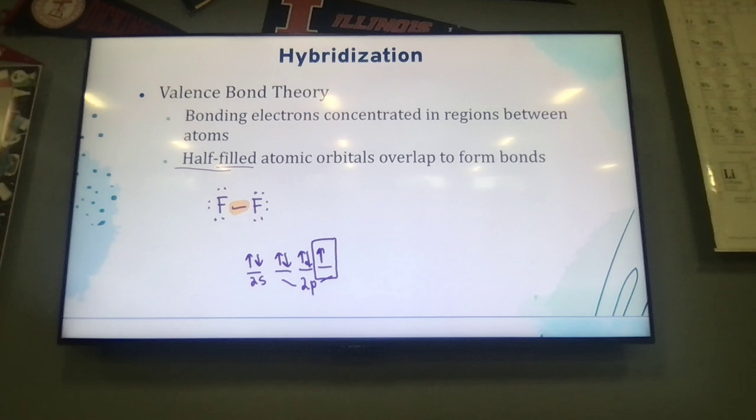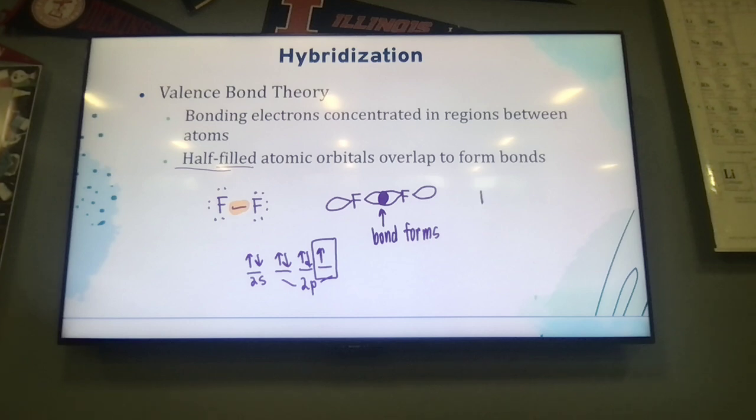So there's this fluorine's half-filled p orbital, with one electron in there. It lines up with the half-filled p orbital from the neighboring fluorine, and this overlap is where the bond forms. So you are taking half-filled orbitals and overlapping them.